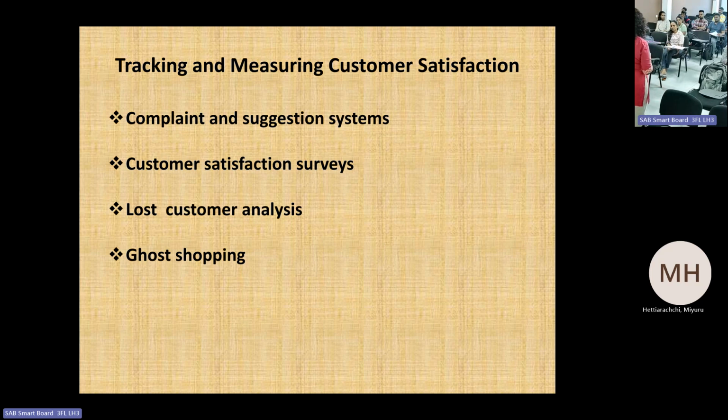Then you can contact those people and ask why they are not continuing. And even for a restaurant, if a particular person is continuously coming, and you keep the records, and all of a sudden that person disappears, then you call and see.